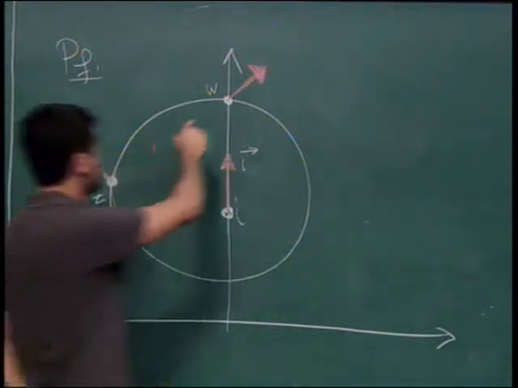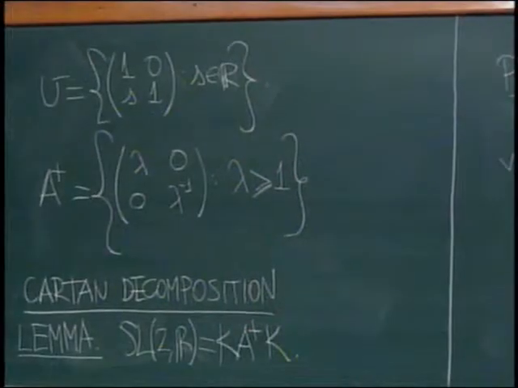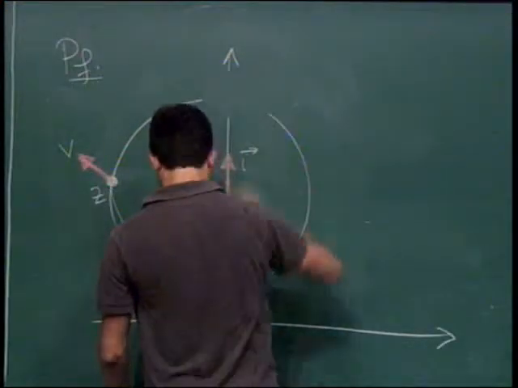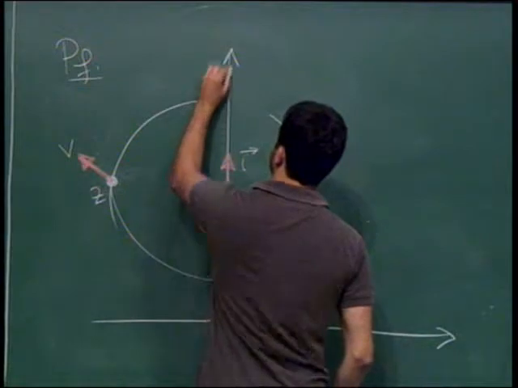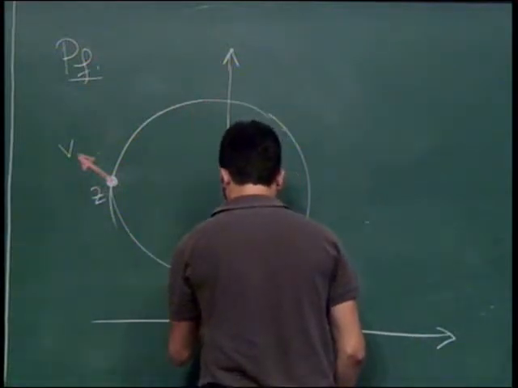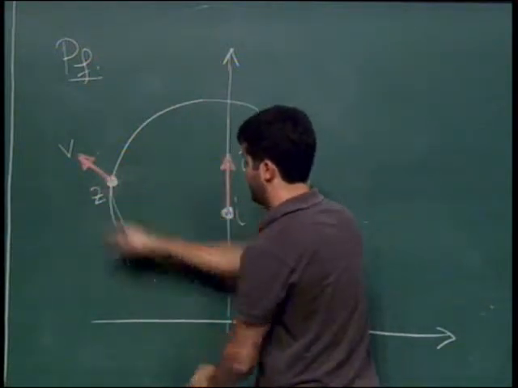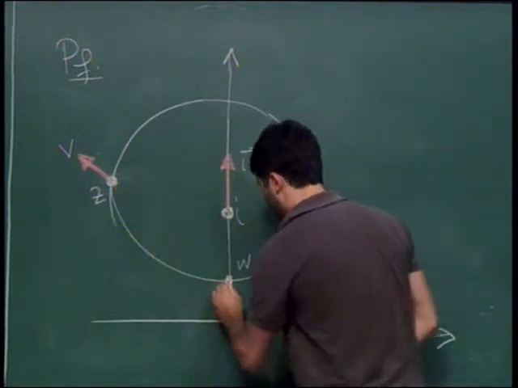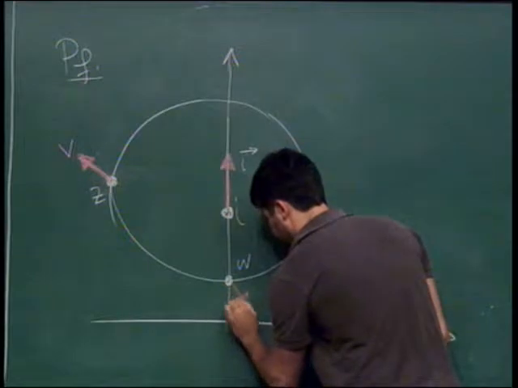So instead of considering this point, we are going to consider the point below. So let's change this point to this point. Because now, if you consider the point below, when you apply the element of the rotation group to this guy, so that z goes to w, you get a vector here.